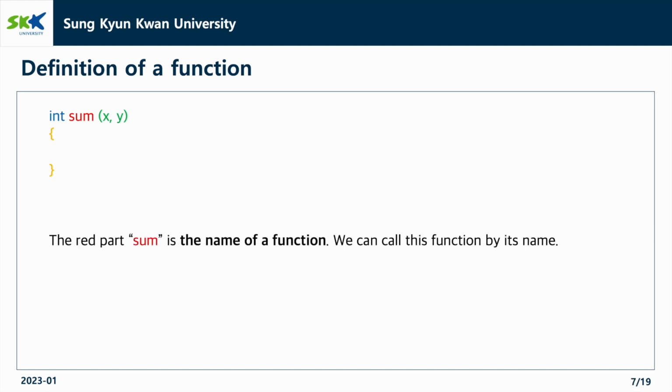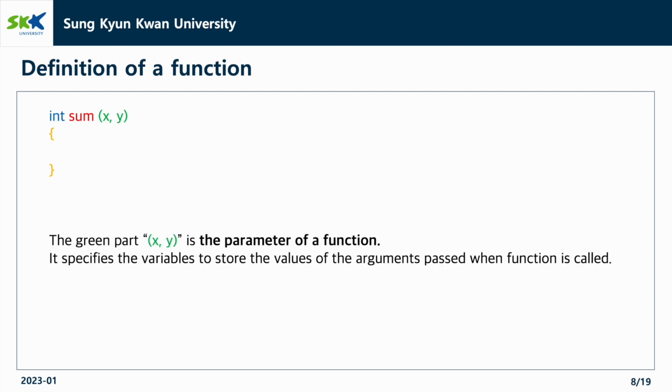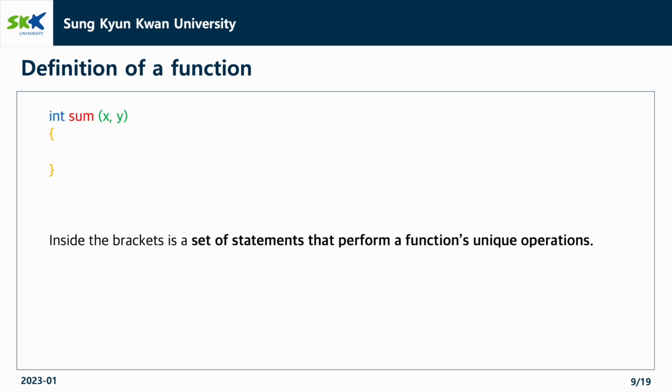The red part, sum, is the name of a function. We can call this function by its name. The green part, x, y, is the parameter of a function. It specifies the variables to store the values of the arguments passed when the function is called. And finally, inside the brackets, a set of statements that performs the function's unique operation is defined.